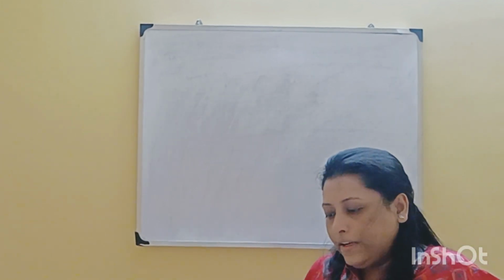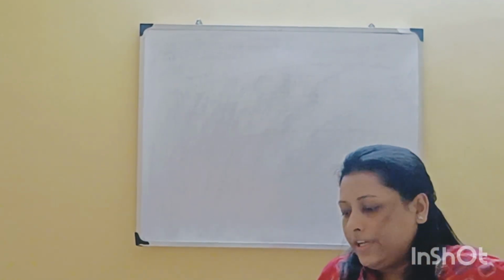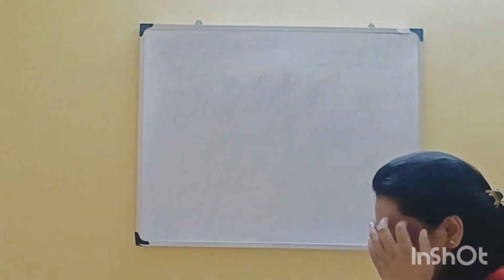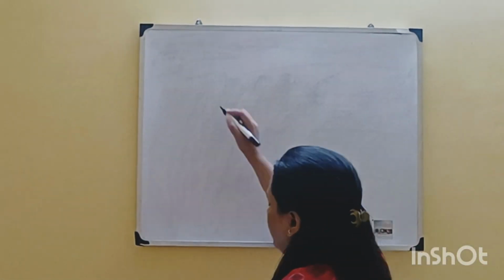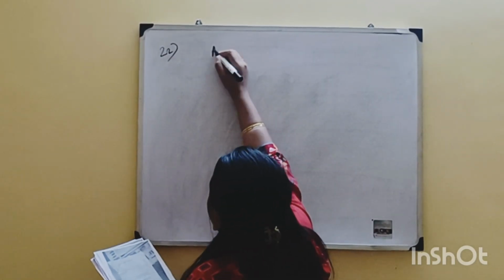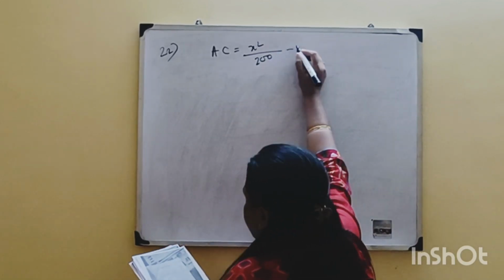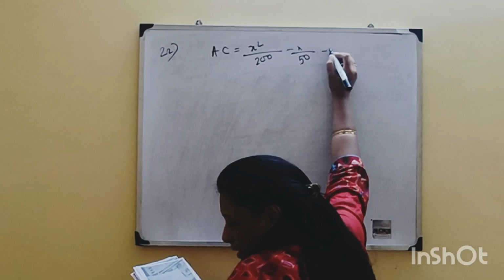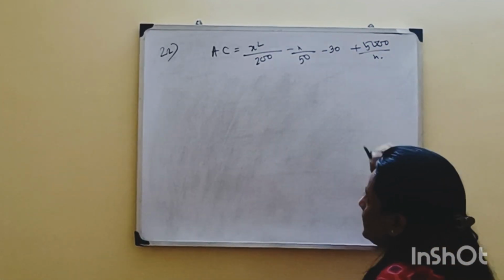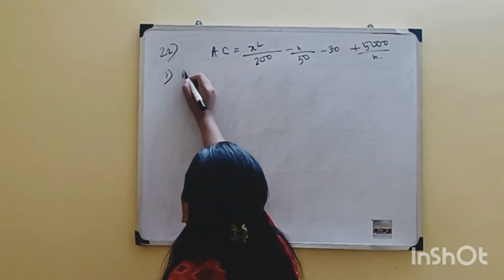So you have to first find the cost function, then the marginal cost function, then the marginal average cost function, then verify that d/dx of AC equals (MC minus AC) by x. So for question 22, AC is given as x squared by 200 minus x by 50 minus 30 plus 5000 divided by x. This is given.